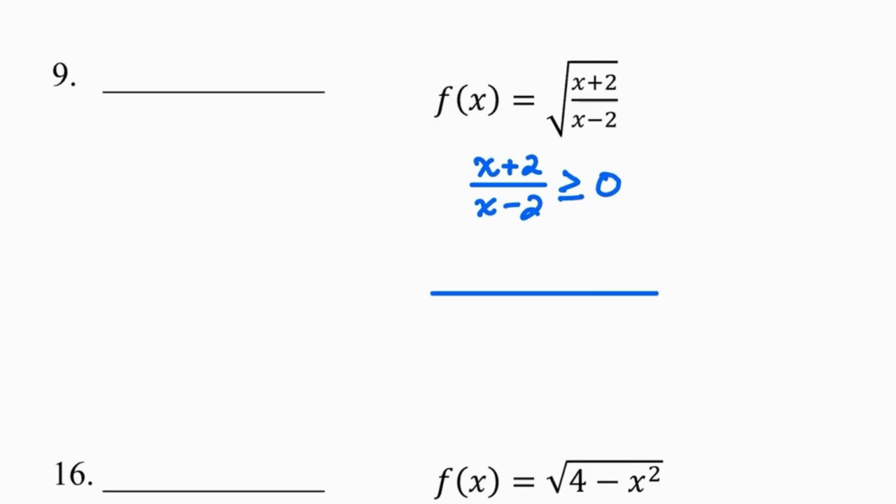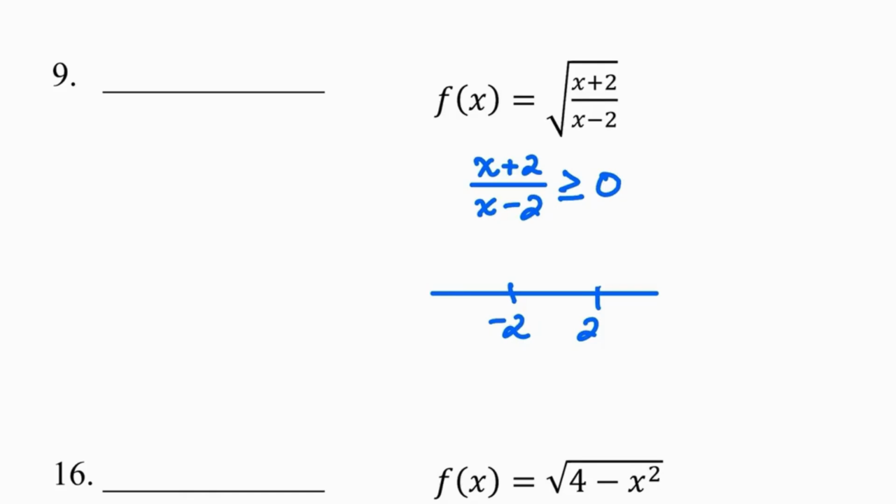Just like the previous problem, we're going to have critical points at 2 and at -2. Why there? Well, -2 creates 0 on the top, which makes the function 0, and then +2 makes the denominator 0, which we can't have. So these are values of x that are very important in this equation.